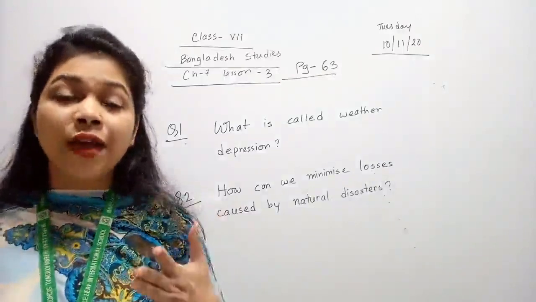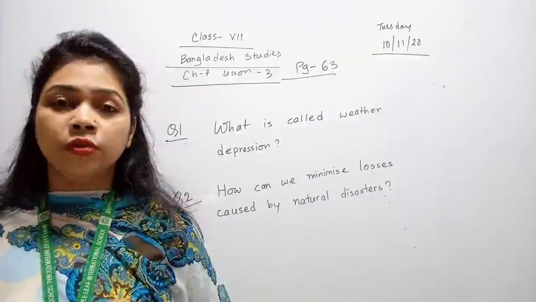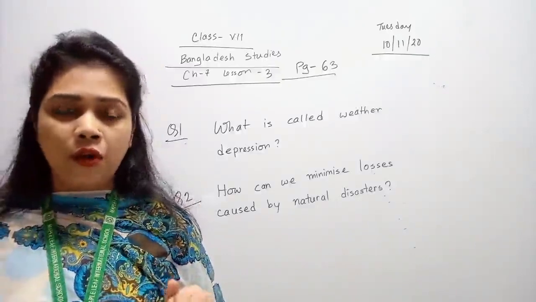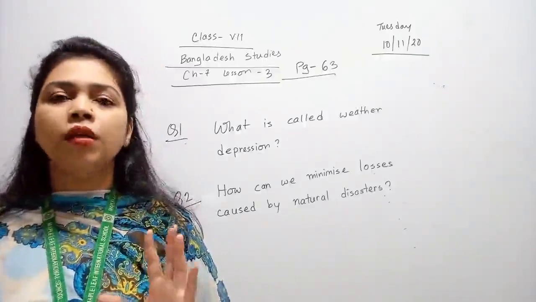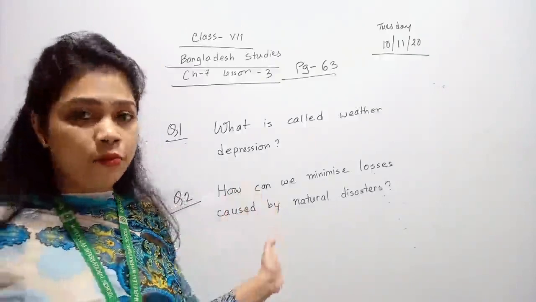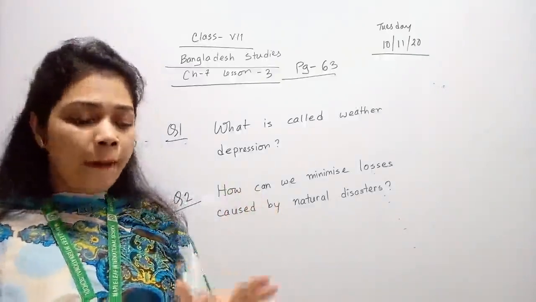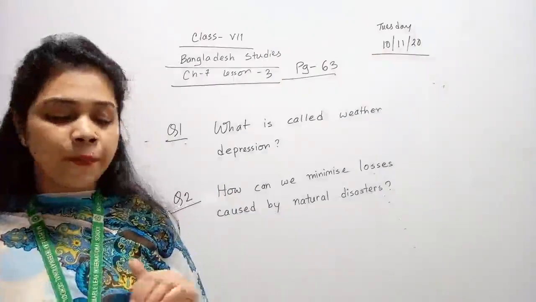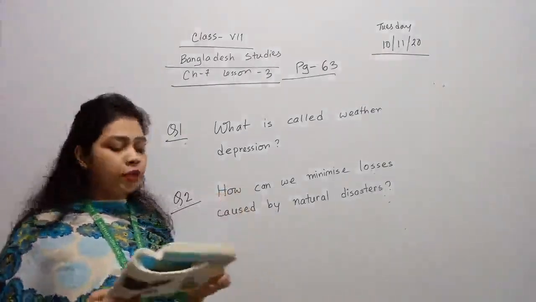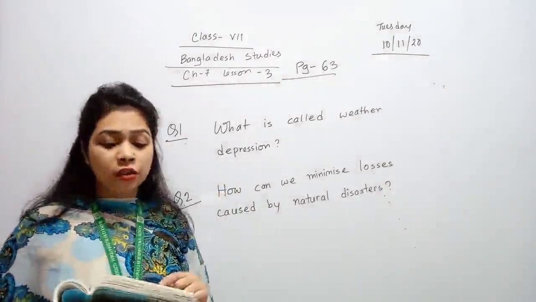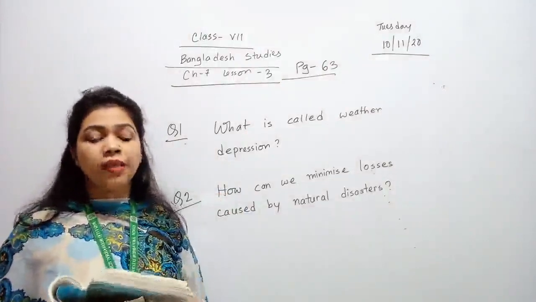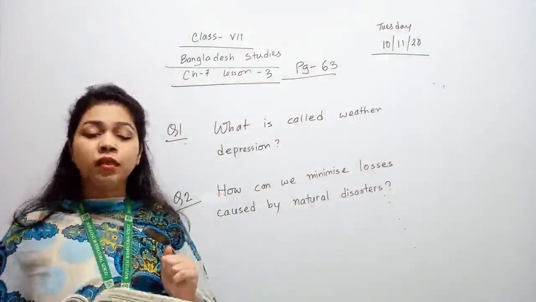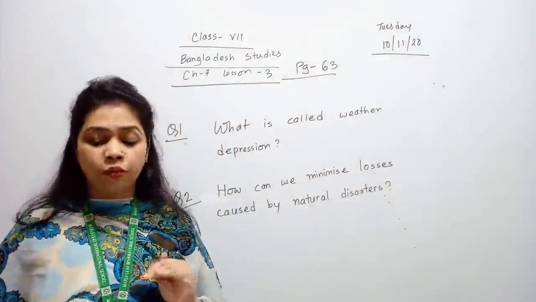I want you to write the answers from the book on your own. If something is not written well enough in the book, I write it on the board, like global warming and the greenhouse effect. But these two answers, you can actually write from the book. It's well written. What is called weather depression? When the air of Earth's surface of a particular place becomes too hot, it blows upwards. As a result, air pressure of that place grows less.